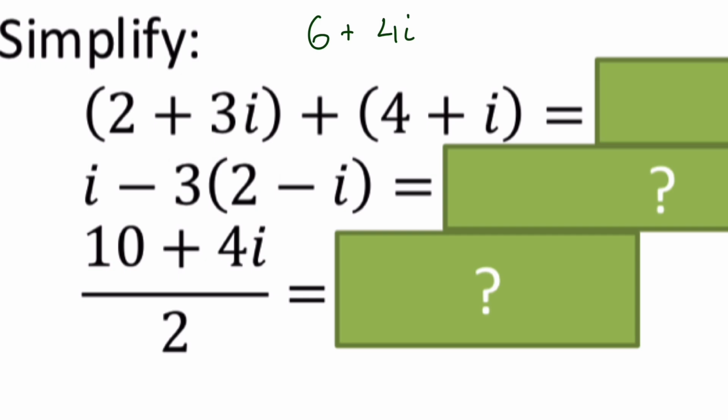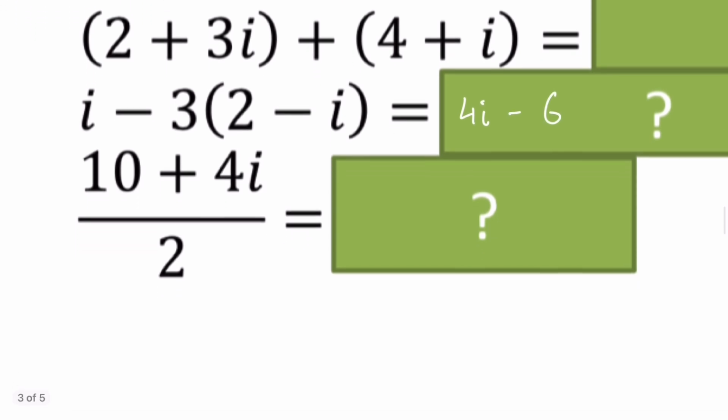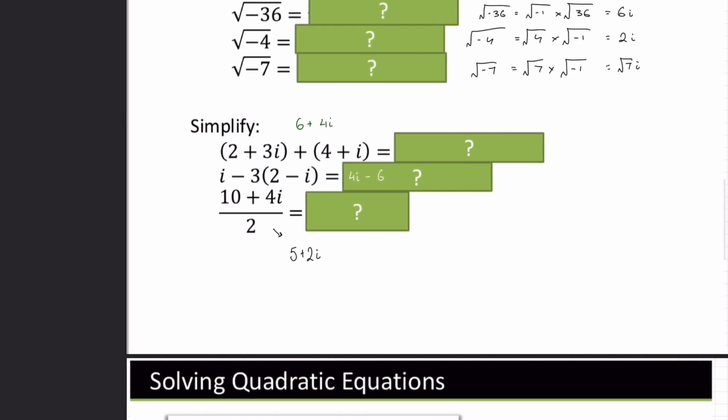So you're left with i plus 3i, which gets us 4i, and we're left with -6 there. And lastly, same concept with the brackets, with the division, I should say. Everything's divided by 2, so you get 5 plus 2i. So nothing new there.